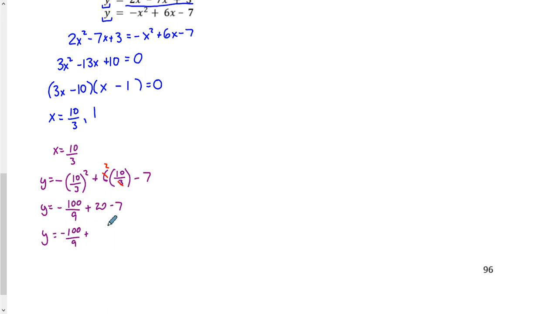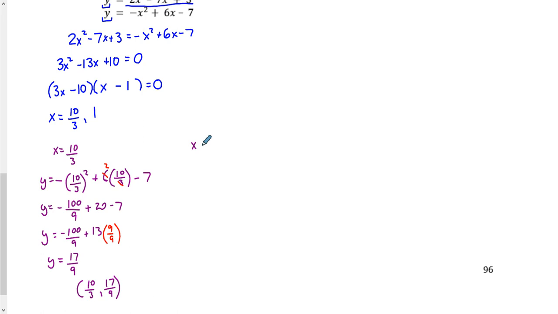I'm just going to combine these two because they don't have any fractions. Then I'm going to get a common denominator. And 13 by 9 is 117. So negative 100 add 117 would put us at 17 ninths. So our coordinates here are 10 thirds and 17 ninths.